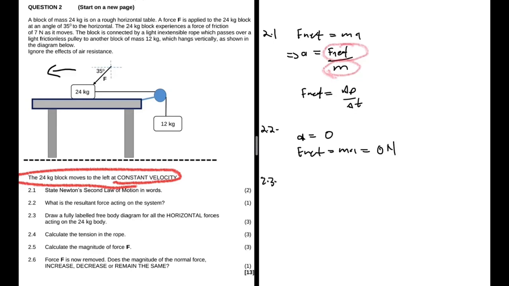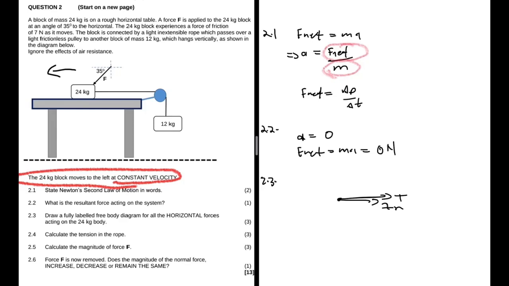2.3 says draw a fully labeled free body diagram of all the horizontal forces acting on the 24 kg block, right? So that's our free body diagram there. And then we have the tension as a consequence of the string attached to the 12 kg block, right? And then we also have friction that is going to the right because our object is said to be moving to the left, right?